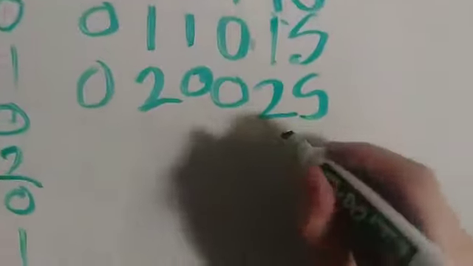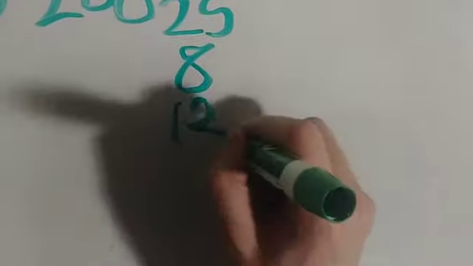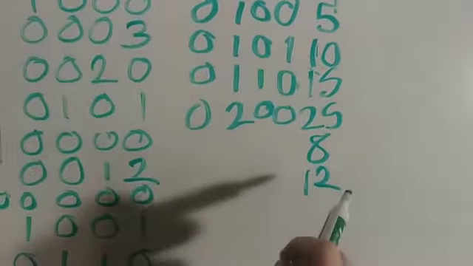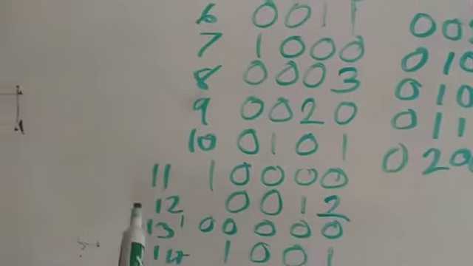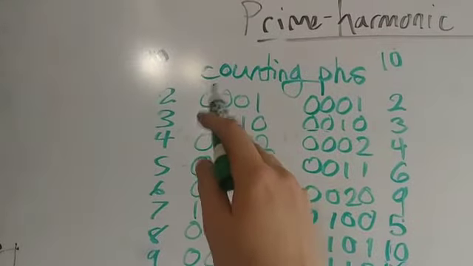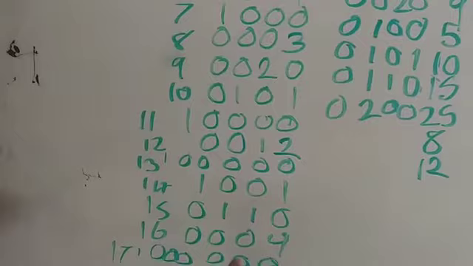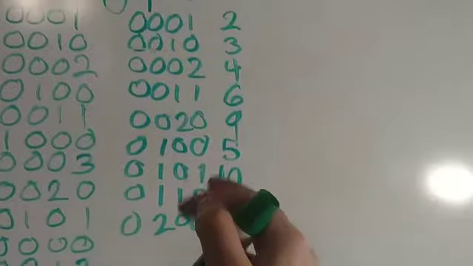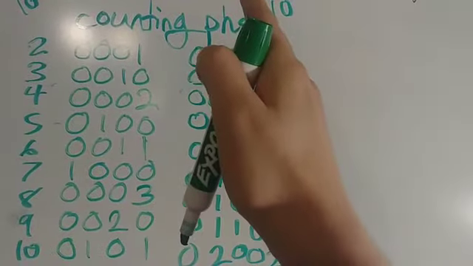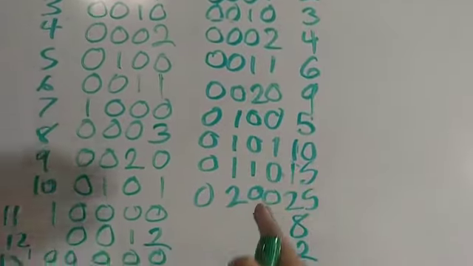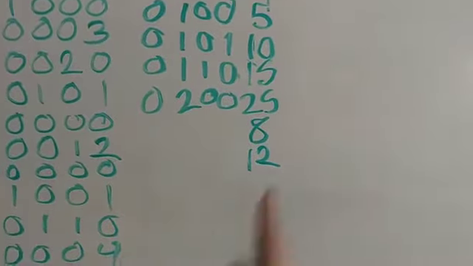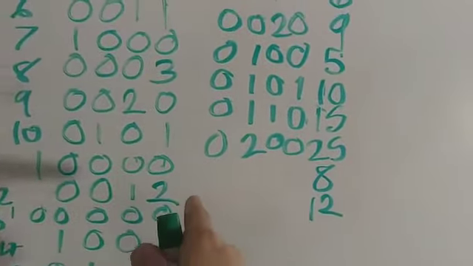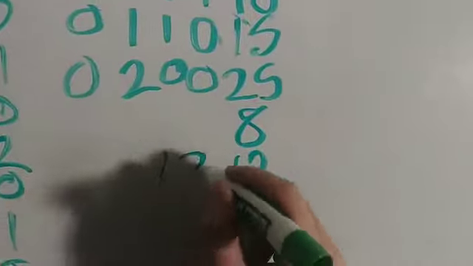So now I'm going to move on to the next part so that we can compare some of these other symmetrical things. So the next number is 8, and then 12. And look at this. This 12 lines up with this 12 lines up with this 12. The 12s are all aligned. In the prime factor base, 12 is 12. And the prime harmonic sequence's 12th number is also 12. And 12 in prime harmonic base is also 12.